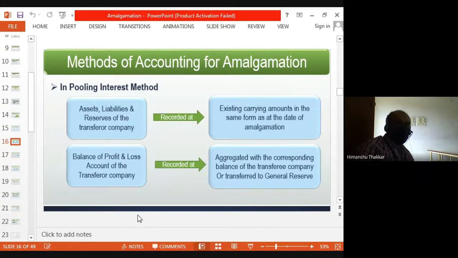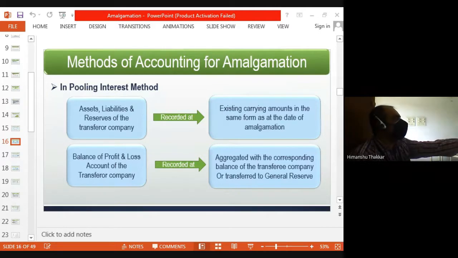So in the pooling of interest method, just now I explained what you have to do: take the assets, liabilities, and reserves of the transferor company. I hope this word is clear to you. The one who is selling the business is the transferor company. So when B Limited transfers assets, liabilities, and reserves, I record them at the existing amounts. I am not going to make any changes to the amounts. Whatever value you have written in your books, I have to write the same in my books.